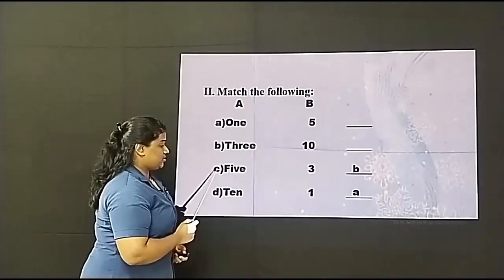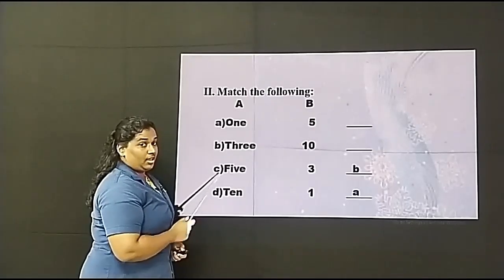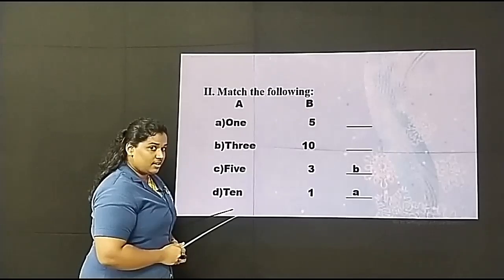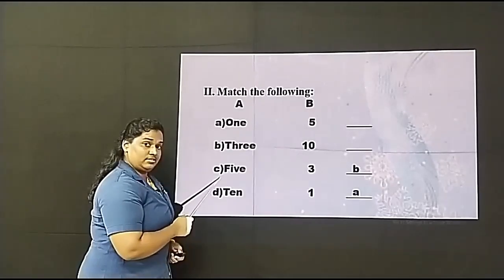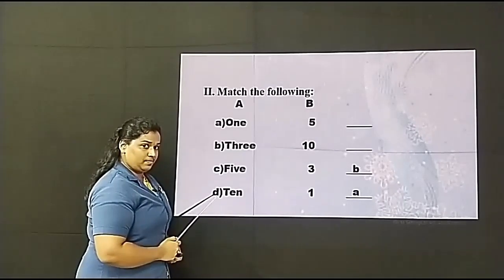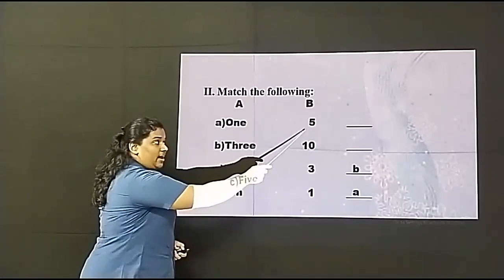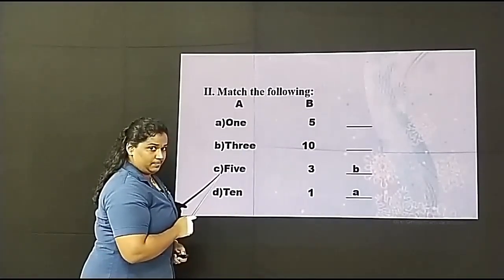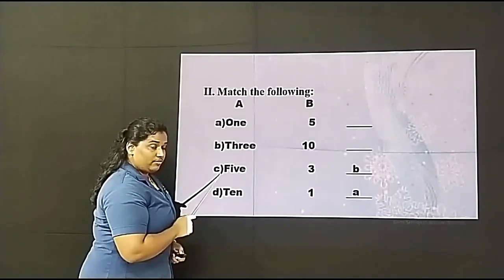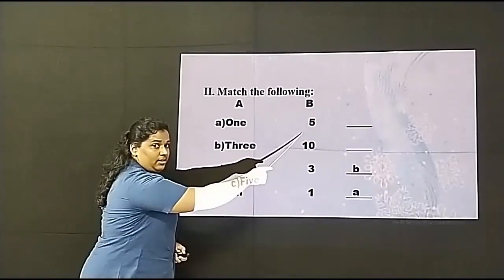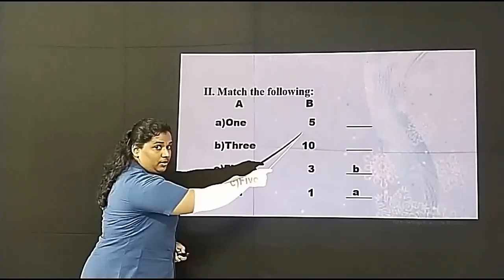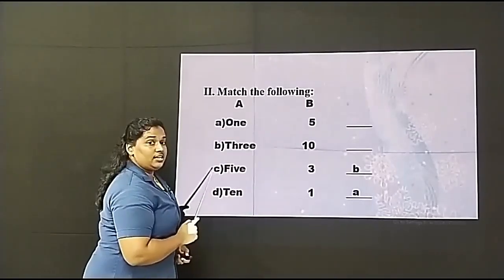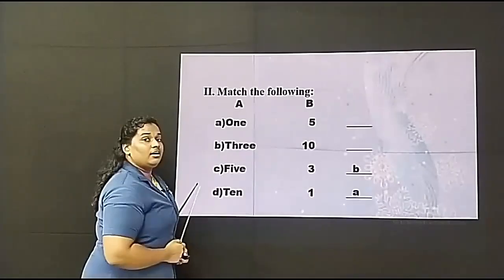Next, question C. F-I-V-E. Which is the answer for question C? Yes, 5 is the answer for question C. So, in front of answer 5, we have to write the question number C. So, let's write C in front of 5.